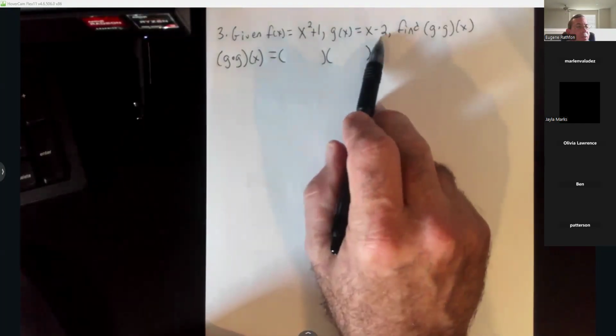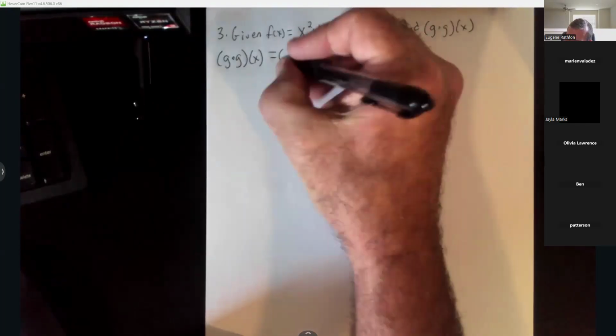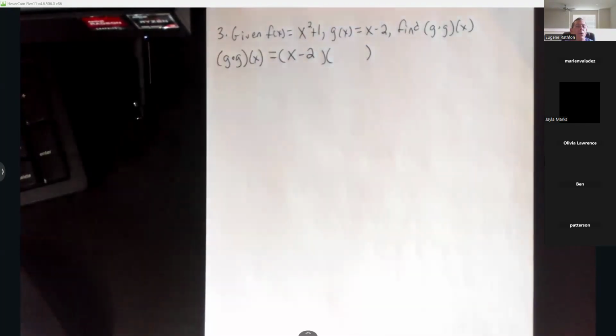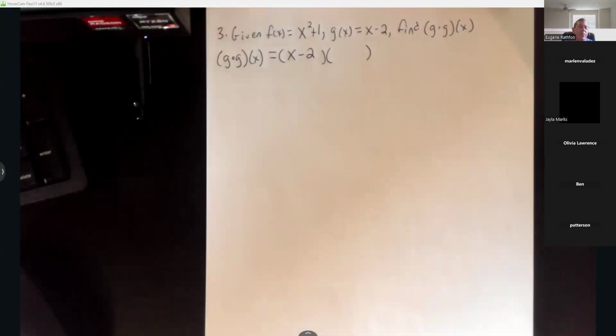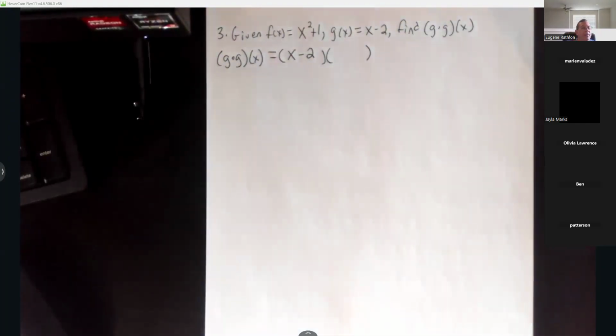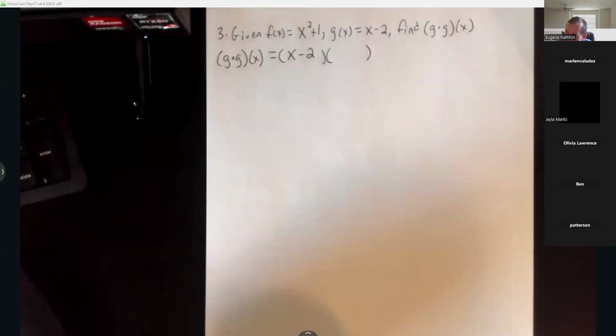All right, x minus 2. Good job, Ben, because that's g. All right, so Ben, if you're putting x minus 2 in the first parentheses, what are you putting in the second parentheses? Same thing, y'all. Good job.